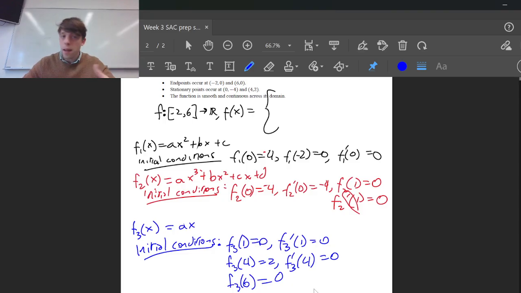That's because when we write out the general form for a quartic polynomial, we have ax^4 + bx^3 + cx^2 + dx + e. We can see that there are 5 unknown values that we're solving for, so we can use these 5 initial conditions to find those.